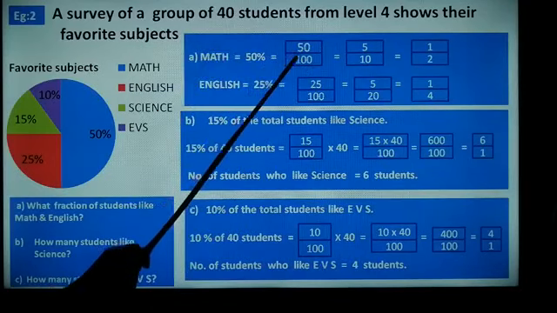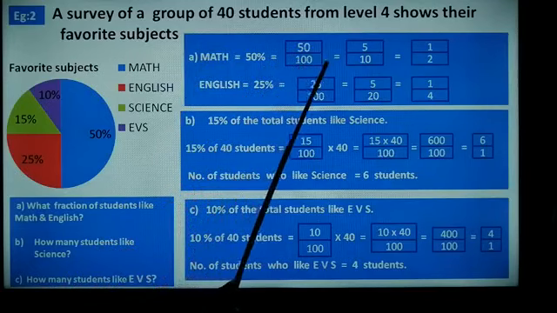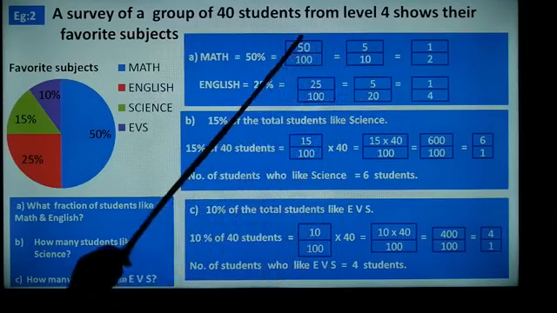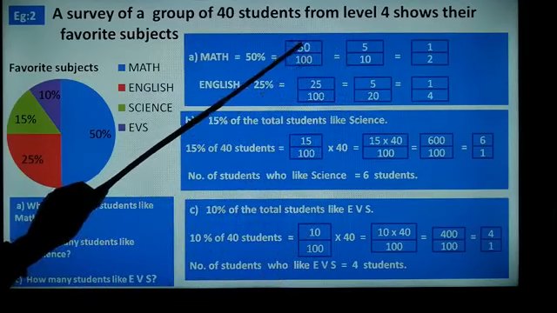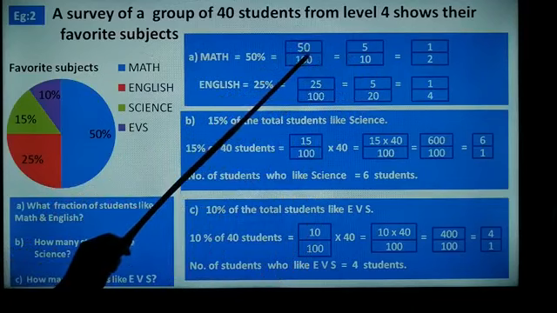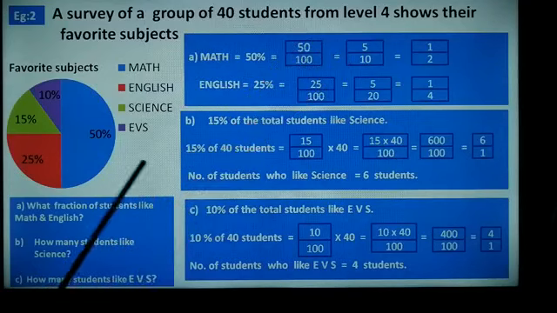If you write like this, your answer is correct. But if you want, you can make it an equivalent fraction, a smaller one. We learned this in the fraction lesson, how to change to an equivalent fraction.